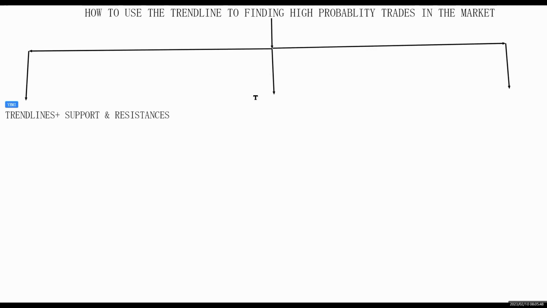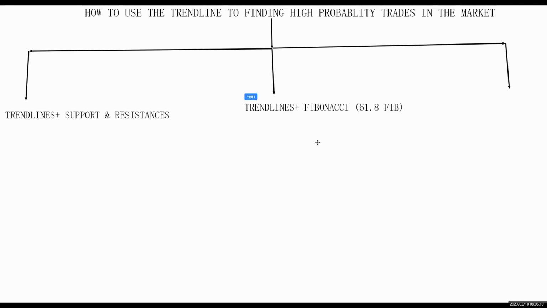The second one is combining the trend line with Fibonacci. And the most preferable is the 61.8. Okay, guys.